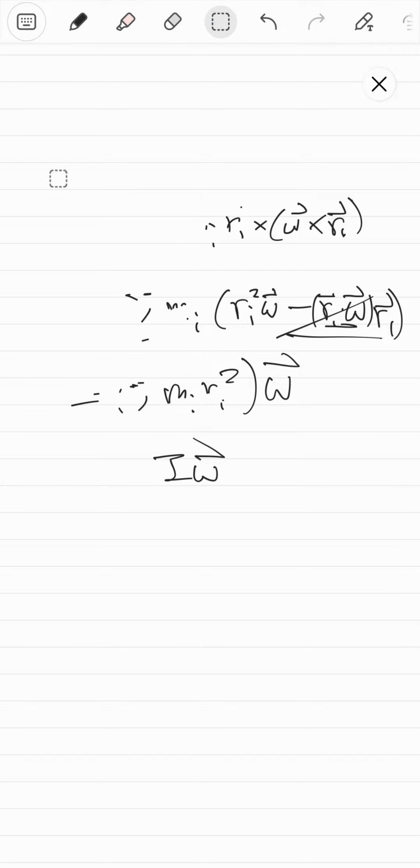So the first case that we'll go for, when this doesn't seem to be working, is this thing. Let me show you what I mean. You've got a ring and the axis of rotation is passing through its diameter.